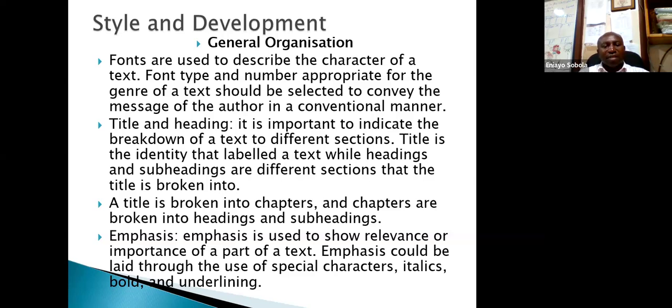So you can lay emphasis on the text through the use of special characters. You can use bold, italics, underlining, and special fonts might be selected to show the importance or uniqueness of that particular section of the text. So once you italicize, we know that you are laying emphasis on something.